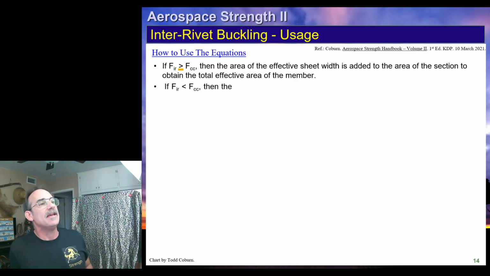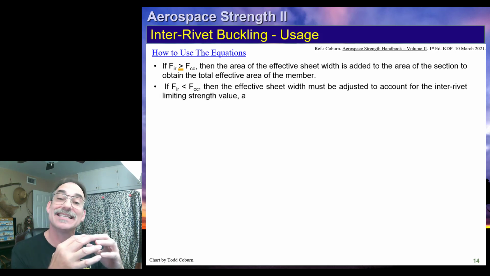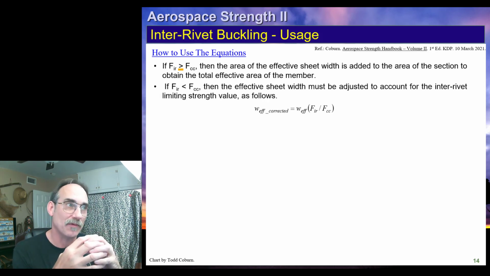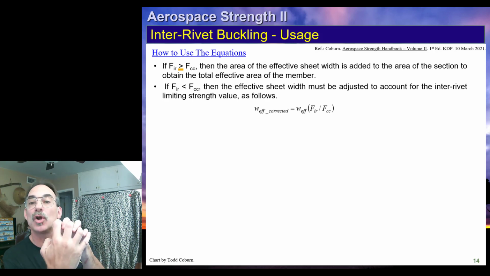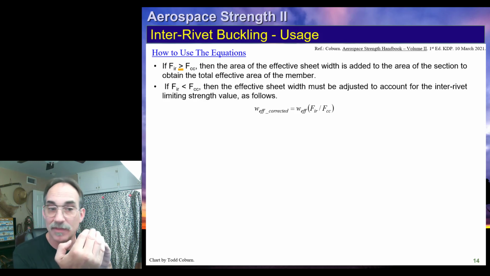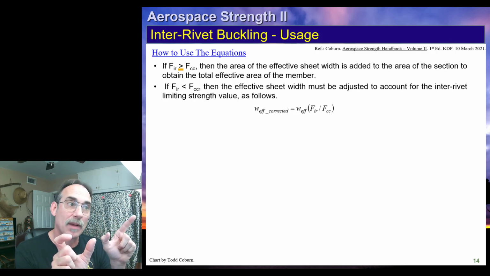Okay? If the inter-rivet buckling allowable of the skin is less than the crippling allowable of the stringer, then that skin will buckle between the rivets before you get to the crippling allowable of the stringer. That means the effective width of skin will not make it to the full crippling allowable before buckling.